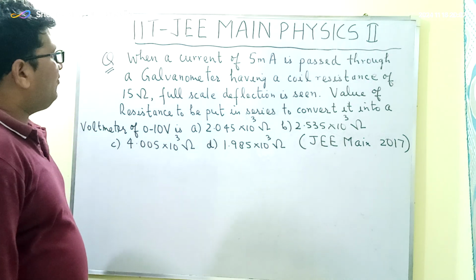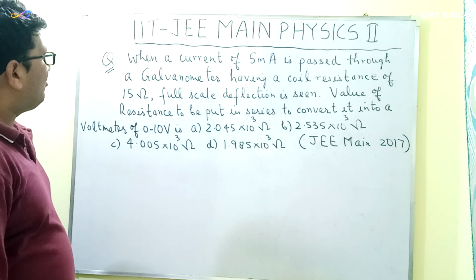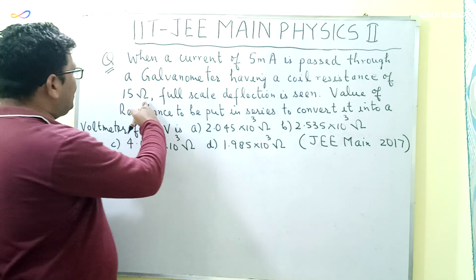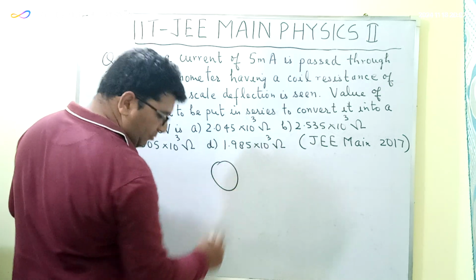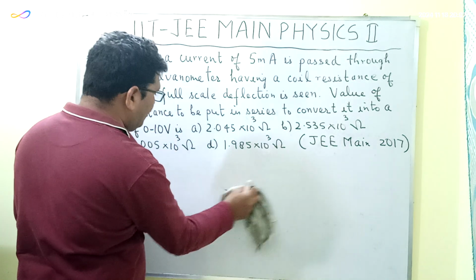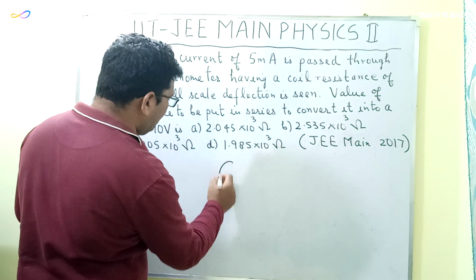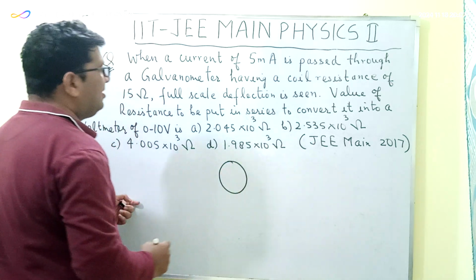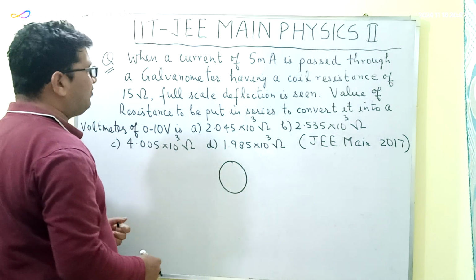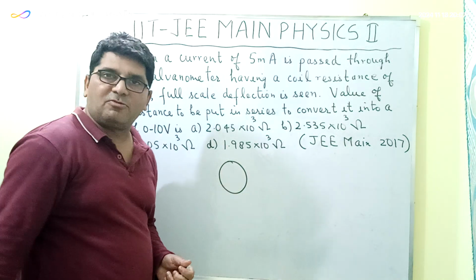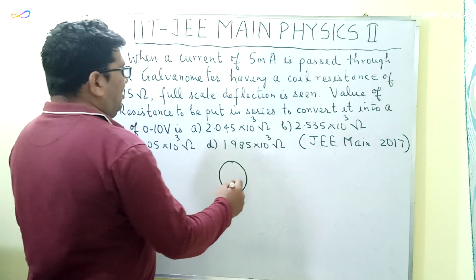Here, when a current of 5 milliampere is passed through the galvanometer having a coil resistance of 15 ohm, full scale deflection is seen. So this is, let's say, a galvanometer, and the coil resistance of this galvanometer is 15 ohm, or we can say the resistance of the galvanometer is 15 ohm.